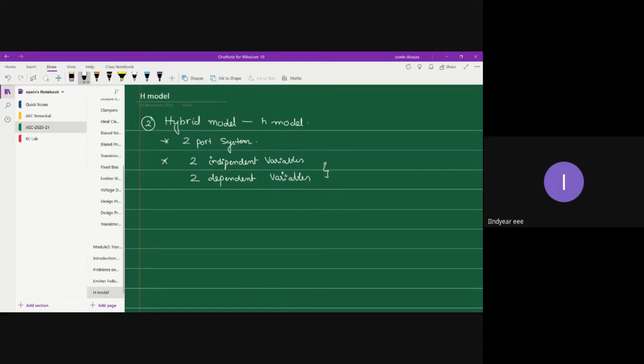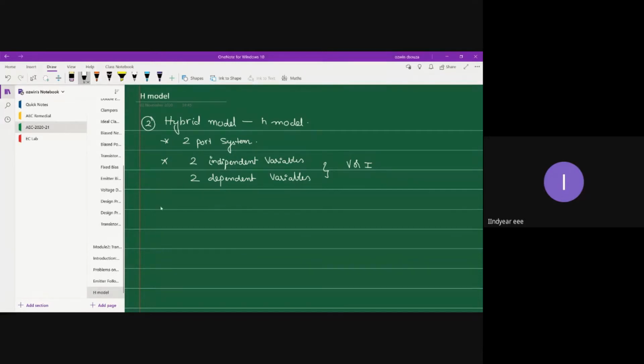The two independent variables and the two dependent variables could be either voltage or current. For the input port, you have input voltage and input current, and for the output port, you have output voltage and output current. You can choose two voltages as independent variables and two currents as dependent variables, and vice versa. That means you can have different permutations and combinations while choosing independent and dependent variables.